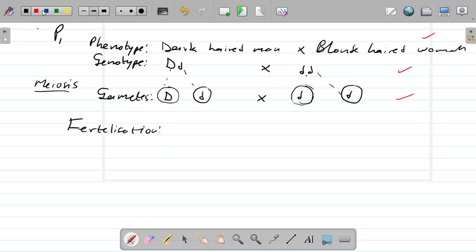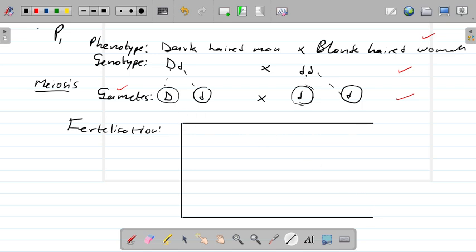Write the gametes and fertilization, then we draw the Punnett square. I like the Punnett square. Then we draw the Punnett square with the gametes.